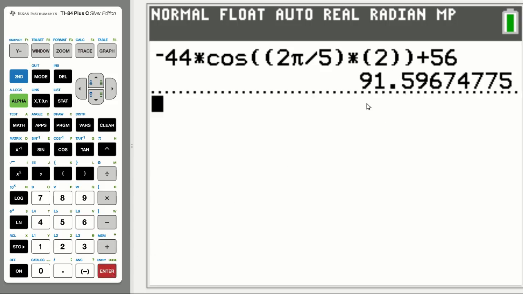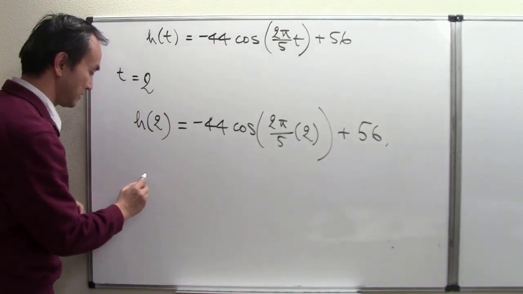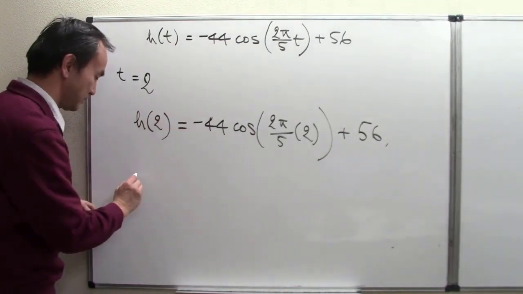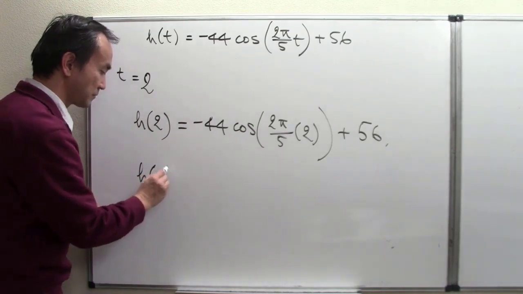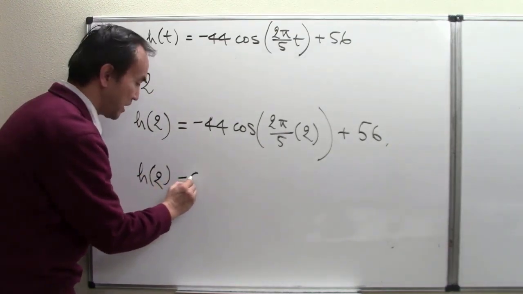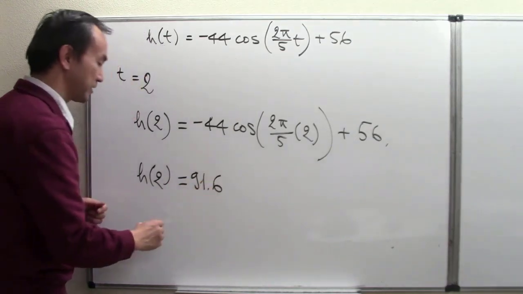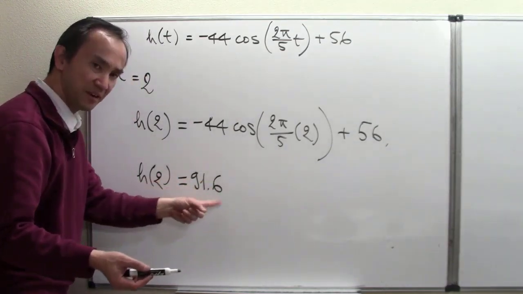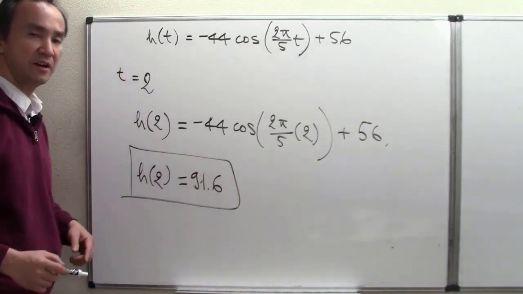And that comes out to 91.59674, and a lot longer. So in 2 decimal places, at 2 minutes after boarding, that occupant has come to a height of 91.6 feet. Rounding to 2 decimals, I was forced down to only a 0.6. But that was how I found the answer for that problem.